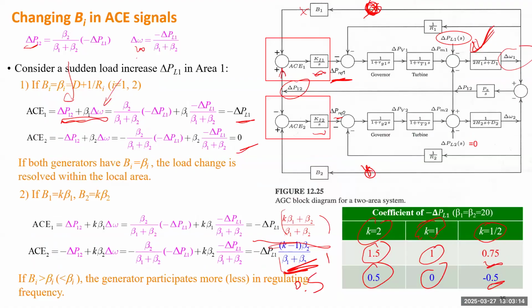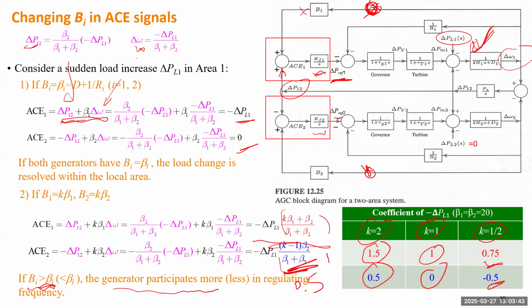So we can have the conclusion. If B is bigger than beta, the generator will participate more in regulating frequency. If it's less than beta, it will participate less in regulating frequency. But no matter what value you take, as long as the system can stably reach the new equilibrium point, the new static condition, the frequency will be 60 Hertz.